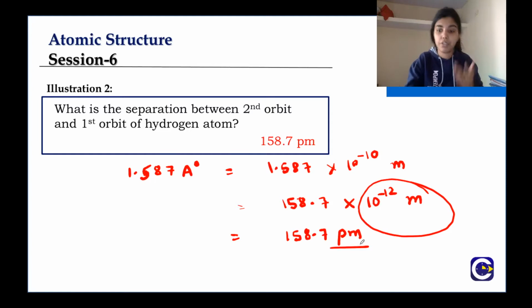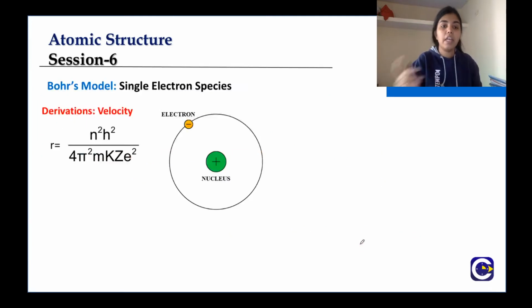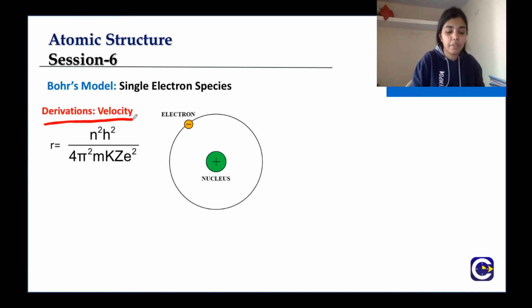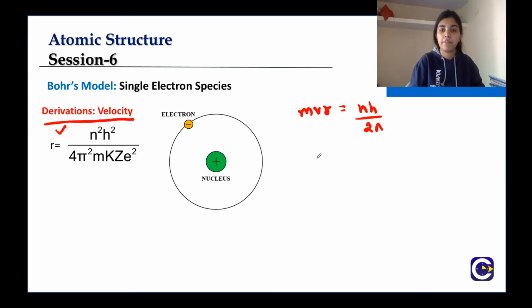I hope you have understood this. Now derivation of velocity, right? This is a simple derivation. We know that mvr equals nh by 2 pi, right? So velocity will be equal to nh upon 2 pi mr. Now you substitute the value of r.